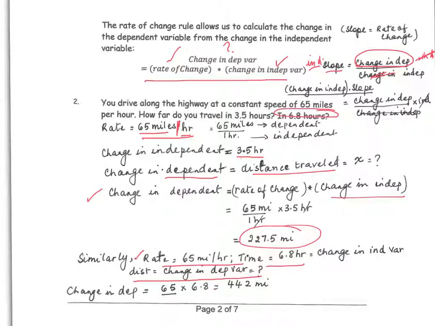So we use the exact same formula. Change in the dependent variable is equal to the rate of change times the change in the independent variable. So we plug in the numbers and get 442 miles, which means that in 6.8 hours, the distance traveled is 442 miles.